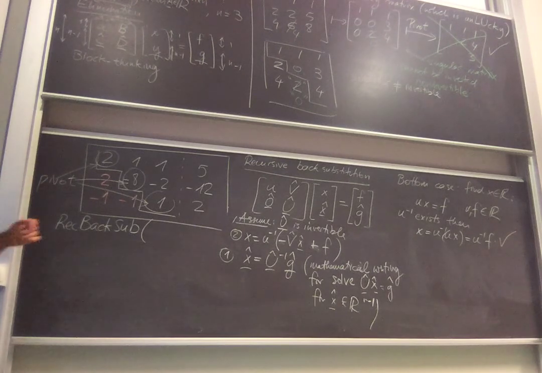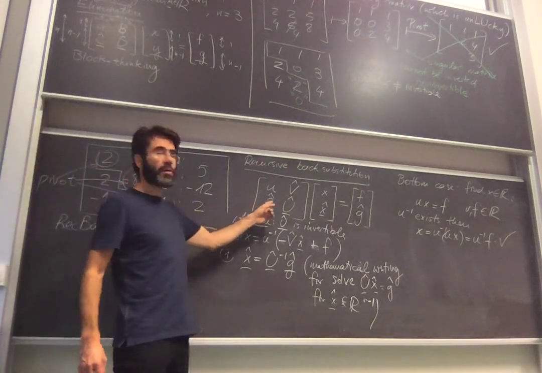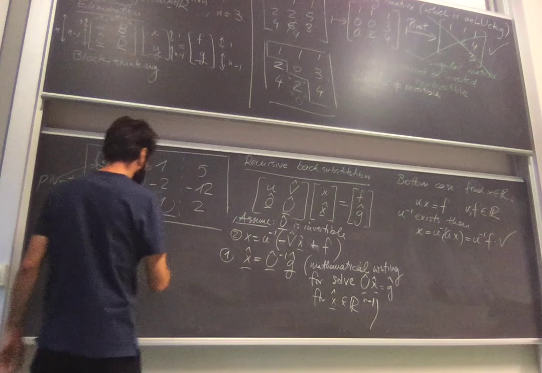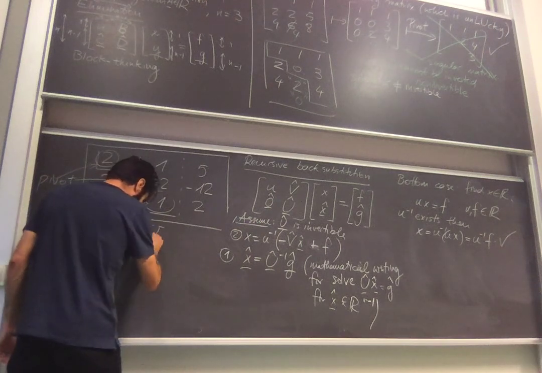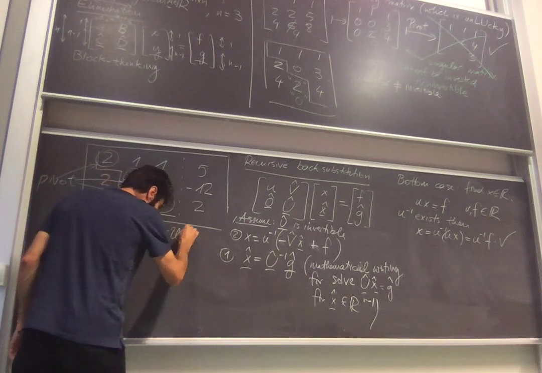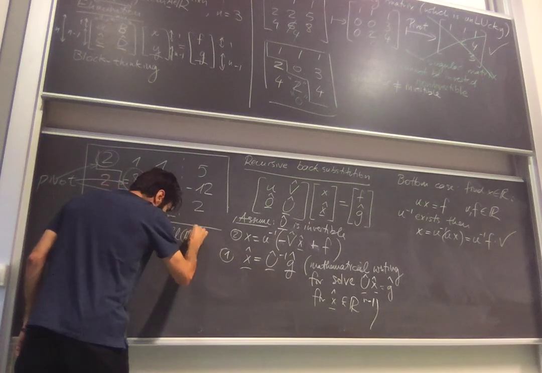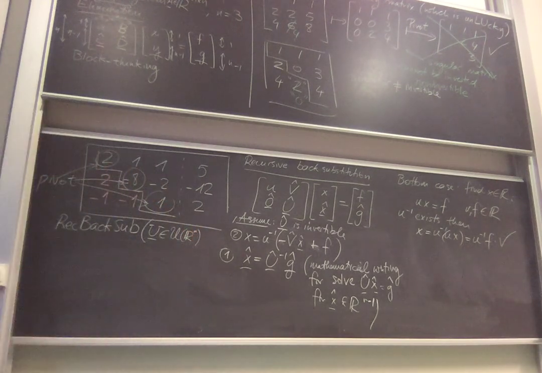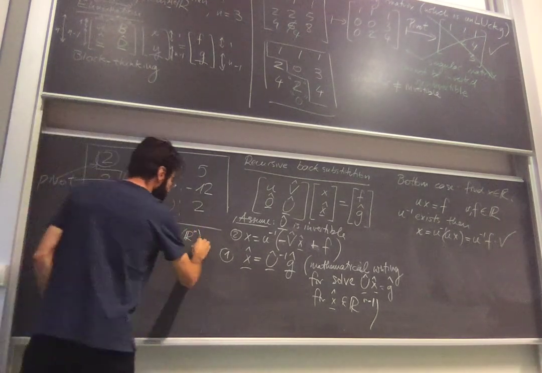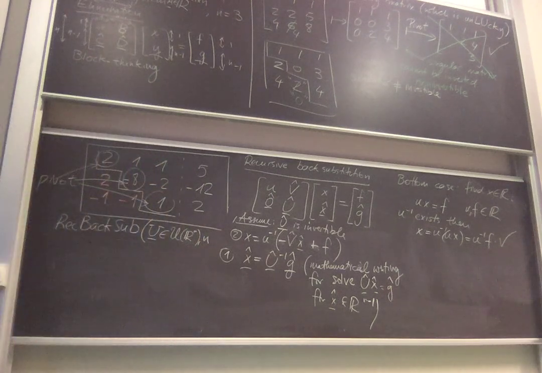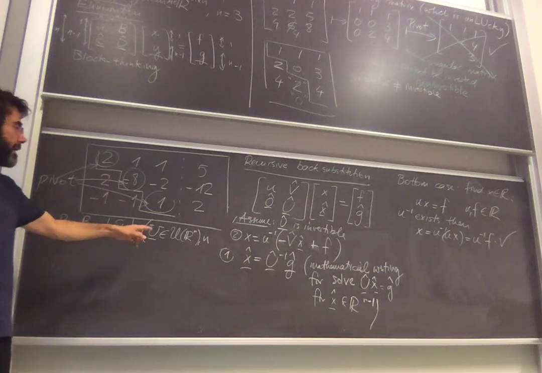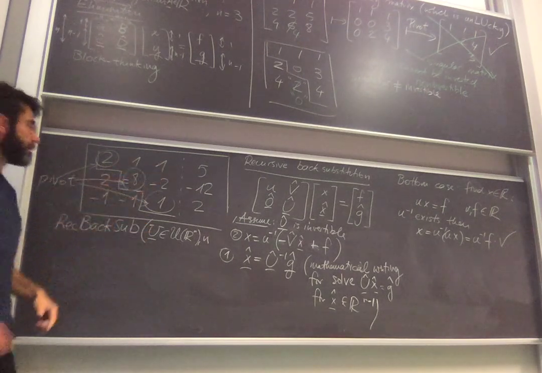The argument it takes is an upper triangular matrix, so it takes a U in R n by n for some n. So n is part of the inputs. I should have done it before, but it's okay. And then it also takes the vector f.